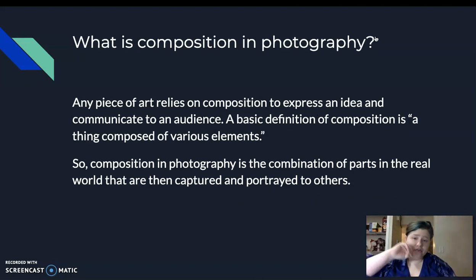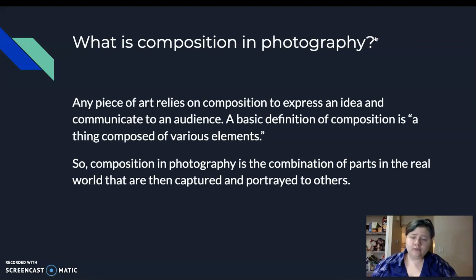What is composition in photography? So this is kind of getting into what we're actually talking about today. Any piece of art relies on composition to express an idea and communicate that to an audience. A basic definition of composition is a thing composed of various elements. Super vague, right?